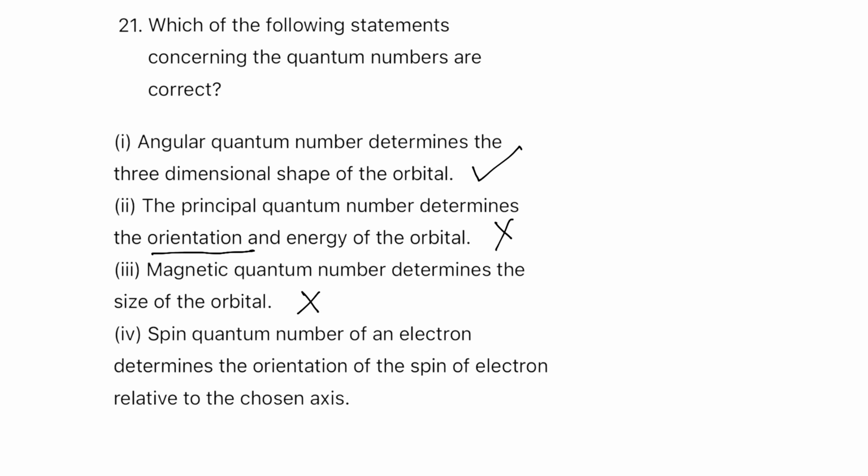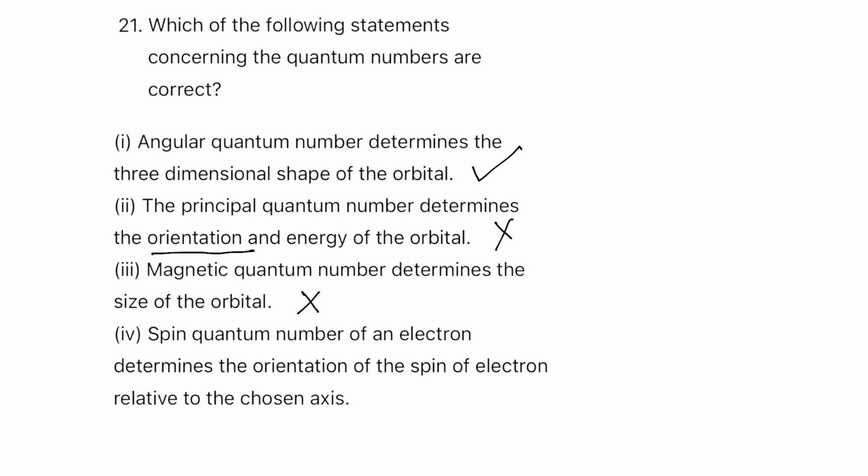Now, what is the l value? Remember this: for s, the l value is 0. For p, the l value is 1. For d, the l value is 2. For f, the l value is 3. Remember this, okay? Then only you can do this question.